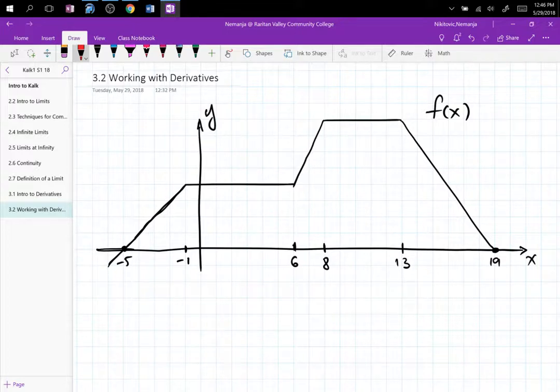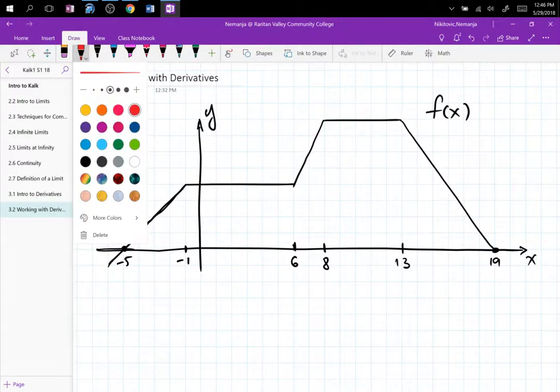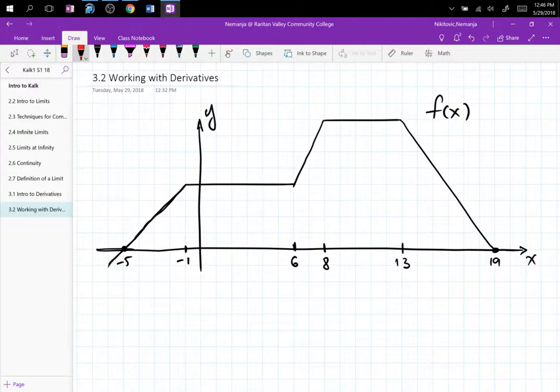So first off, I'm going to take a look at the 2 flat pieces because those are easy. The flat pieces have no change, and the derivative will be, what's the derivative if there is no change? Derivatives measure the change. There is no change, the derivative is 0. Very good.